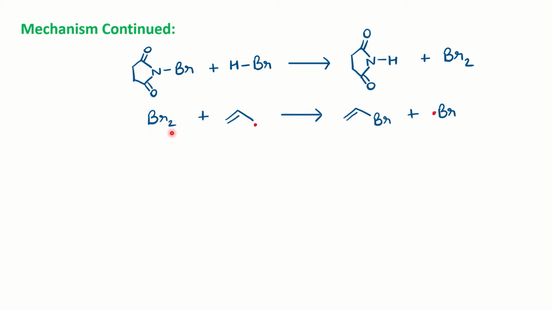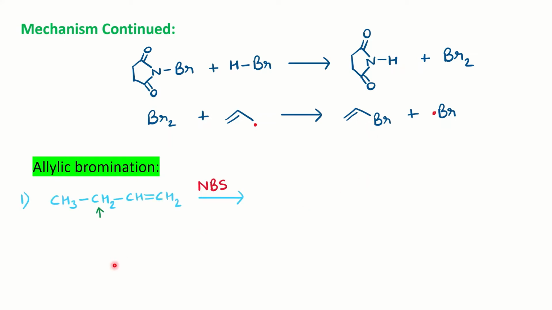Once we have bromine here and an active site, that is the allylic free radical, the bromination takes place and we get the allylic bromide. This is the allylic bromination and the mechanism for NBS. We call it allylic bromination because the bromination occurs at the allylic position.